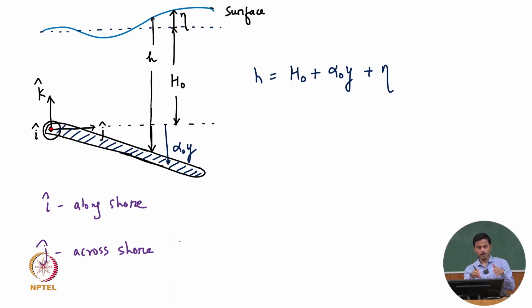What is shore? It's the shoreline. Let's say you have a beach and you have the ocean here. Along shore is along the shoreline, along the beach. Across shore is towards the ocean. Here we are going into deeper ocean. So the positive j is where the ocean lies, and i cap is along the shore.